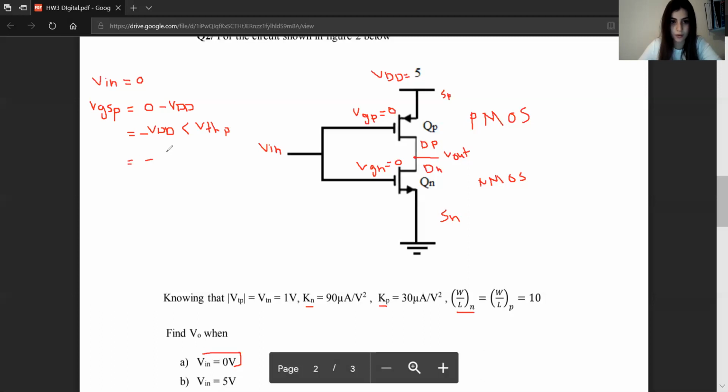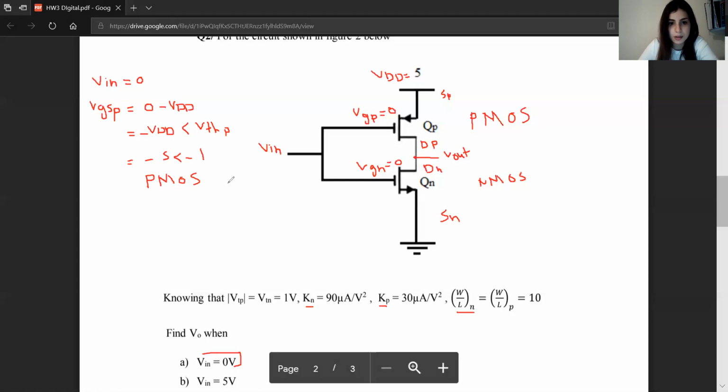So minus 5 is less than minus 1. This makes the PMOS on, because the absolute value of VDD is greater than the absolute value of V threshold P, which is 1. It's minus 1, but the absolute value is 1.